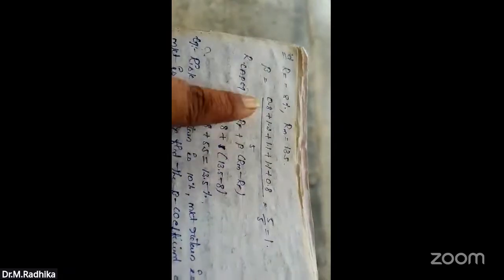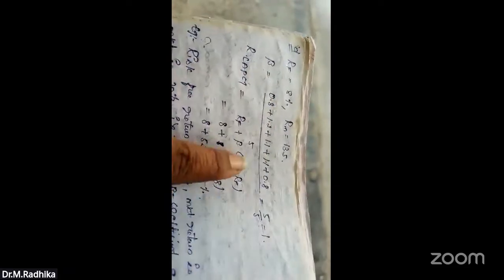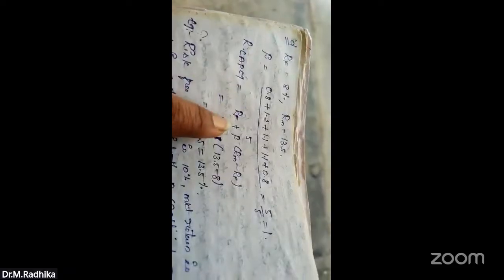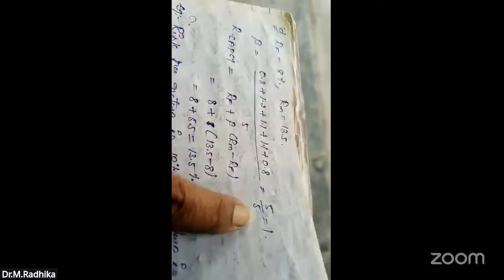With this, we evaluate the CAPM with the help of the average beta. Since the betas of 5 securities are given, we evaluate the average beta: the 5 betas divided by 5. We got the average beta as 1. Applying in the formula RF plus beta into RM minus RF, RF is 8% in the problem, beta we calculated, RM 13.5 and 8. So we get 13.5% as the CAPM return using the average beta.